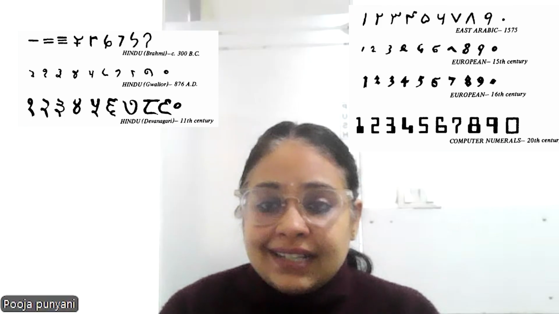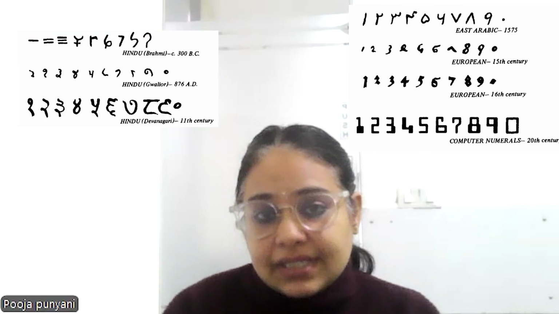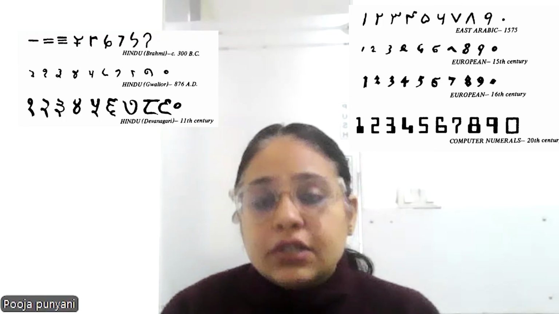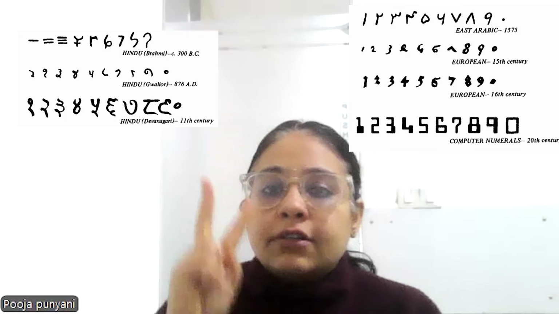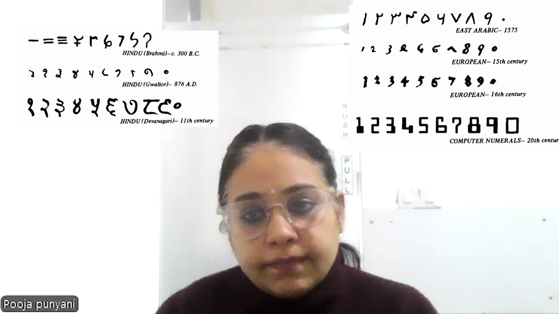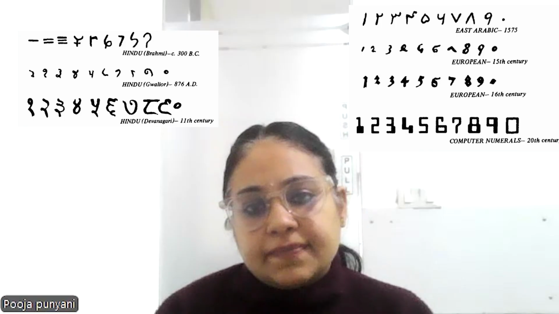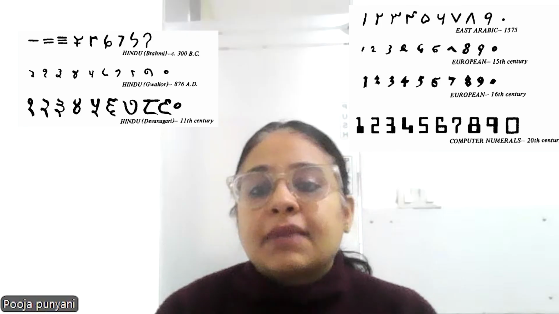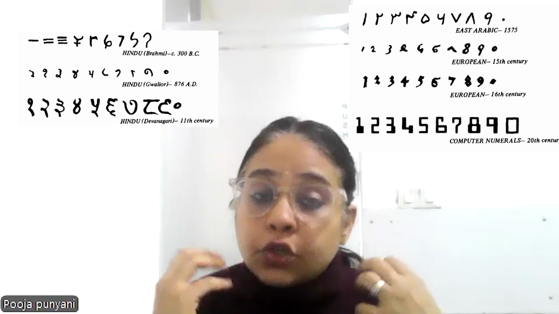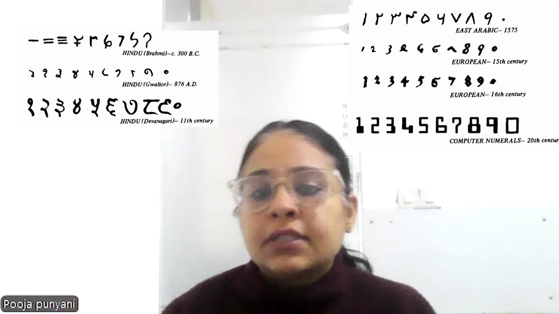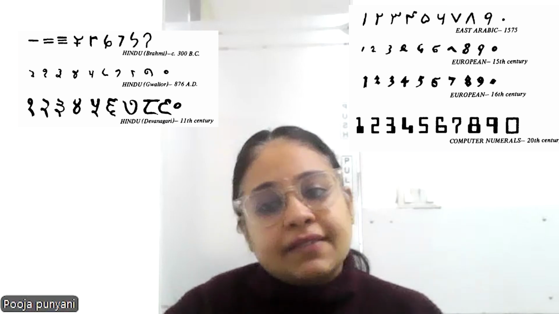Instead of needing 60 symbols to write the numerals from 0 to 59, two symbols, one for 1 and one for 10, sufficed. Sophisticated mathematical computations could be performed with it, but no symbol for zero had been devised.